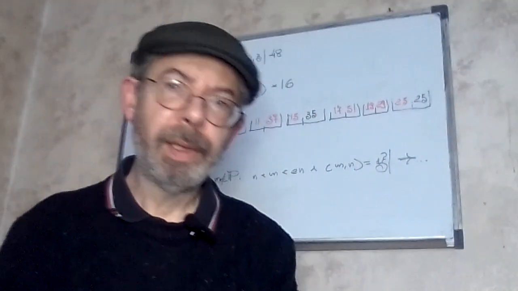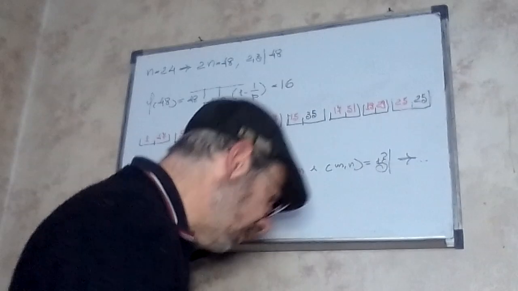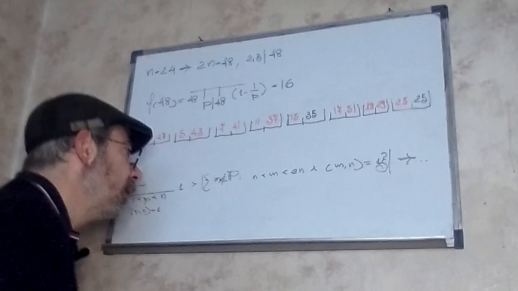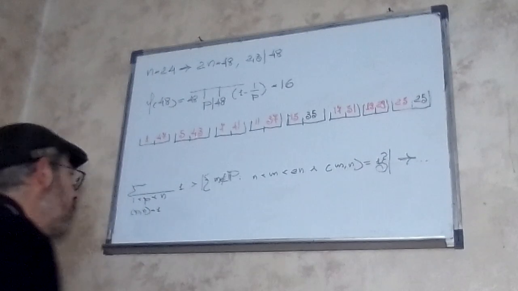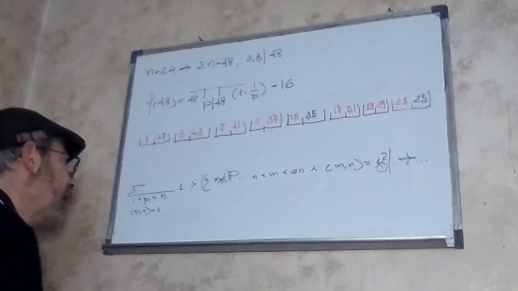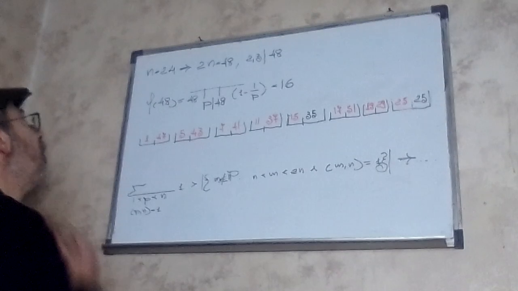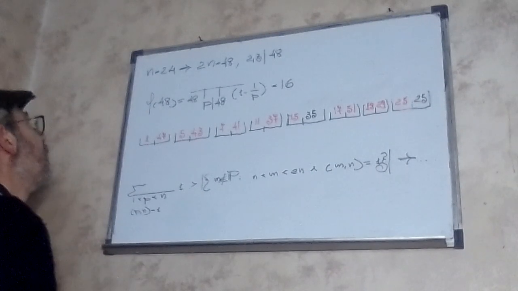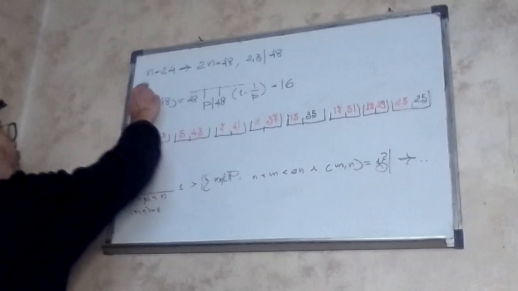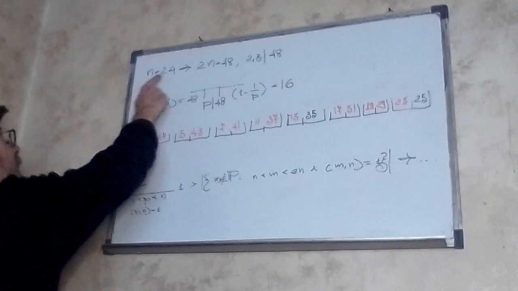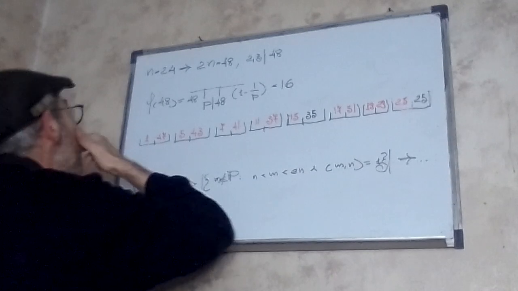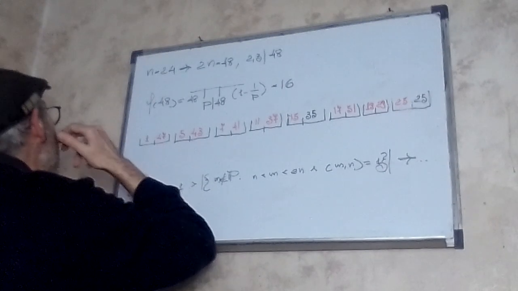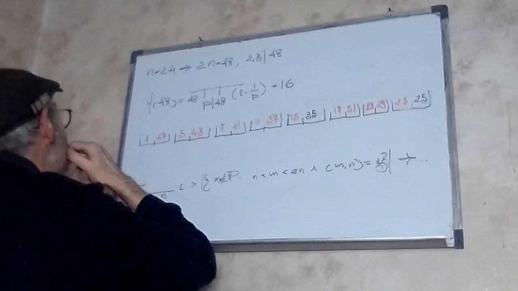So, to analyze the condition for which the Goldbach conjecture is satisfied, we can fix a positive integer n. For example, n equal to 24.